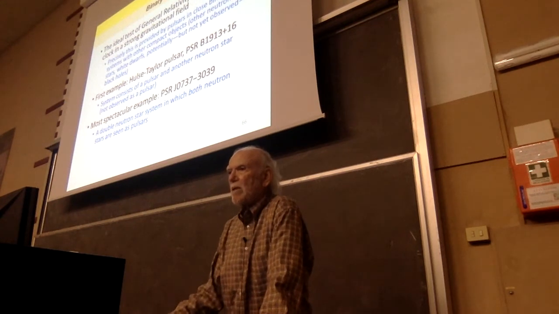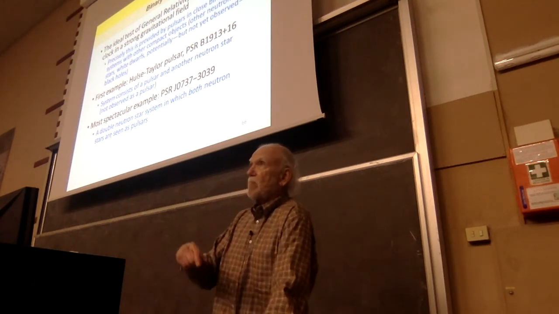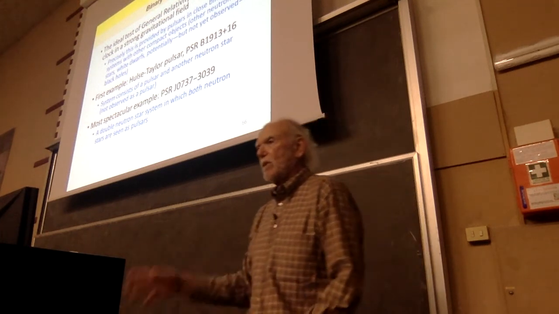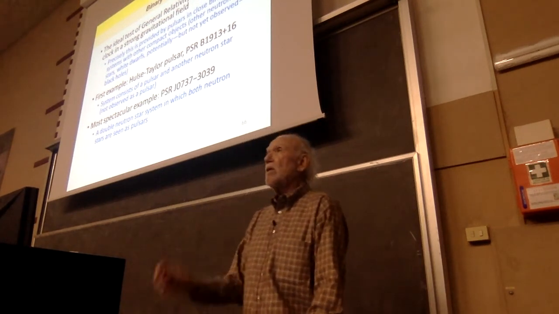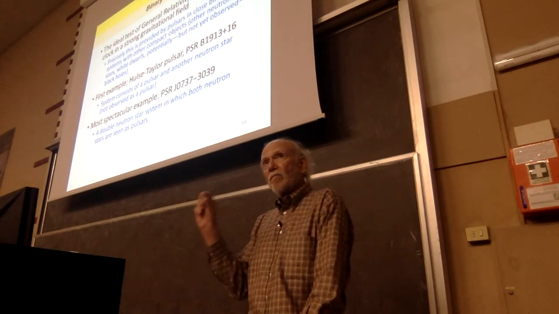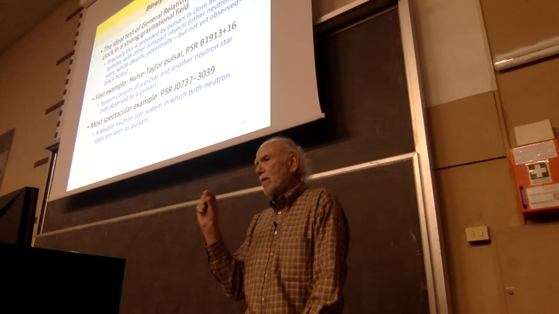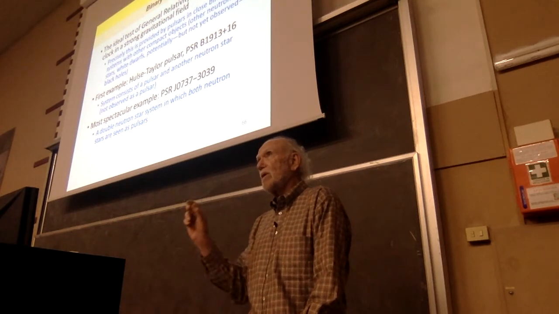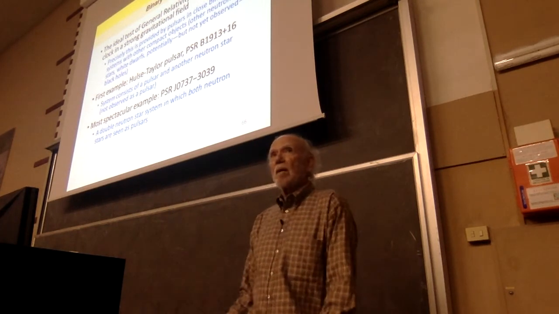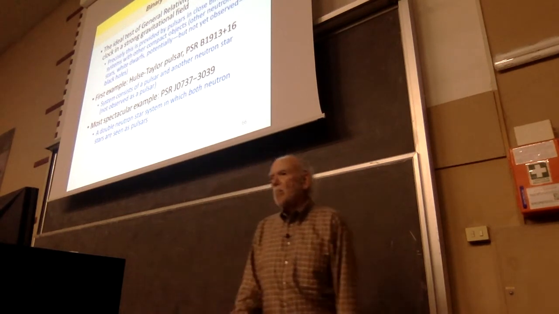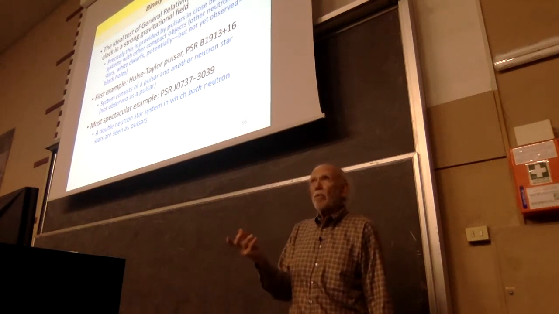The first one that was found, which I'm going to talk about because it's important for gravitational waves next lecture, is called the Hulse-Taylor pulsar, and it involves looking at the evolution of the period of that pulsar. It was very important in establishing that gravitational waves exist, which I'll talk about. But there are other examples, and there will be more in the future.